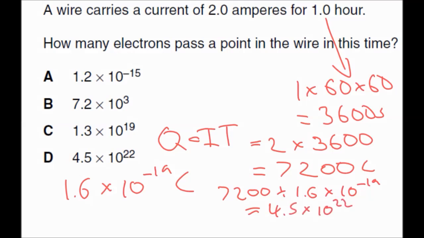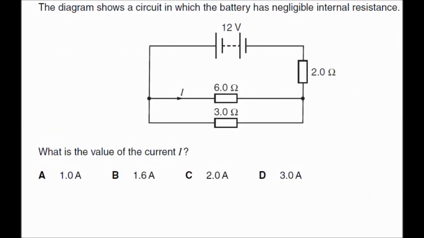The diagram shows a circuit in which the battery's got a negligible internal resistance. What's the value of the current I? So firstly, what I suggest we do is we find out the total current. So let's work out what the total resistance is. So we've got 6 ohm and 3 ohm in parallel. So 1 over 6 plus 1 over 3.